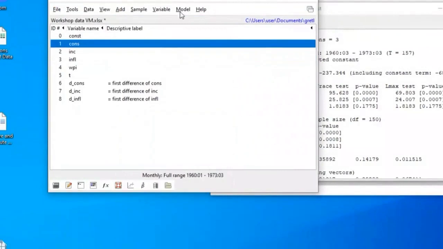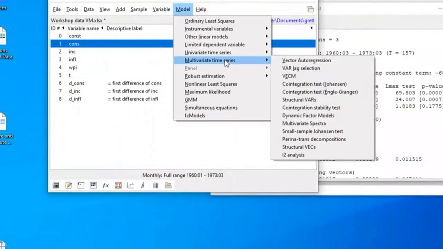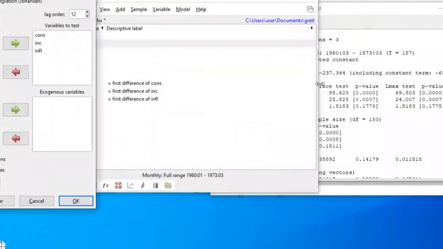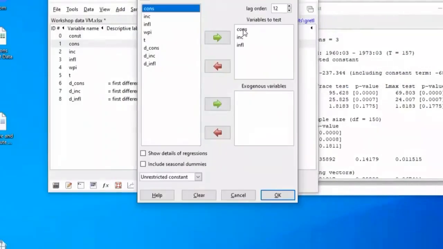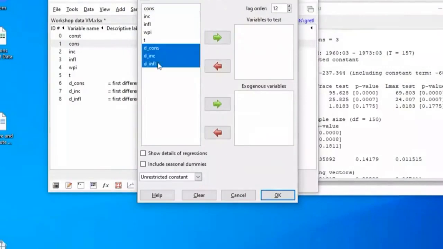Now I am going to the model, multivariate time series, co-integration, Johansen, and click that. Instead of these three variables, of course, we haven't done the optimum lag, but I am still using the second lag, and adding these three variables.